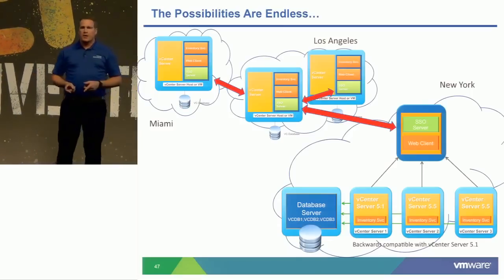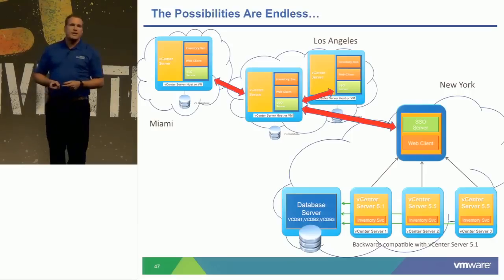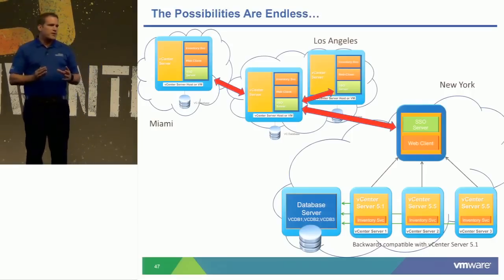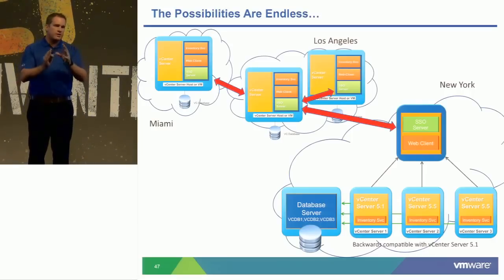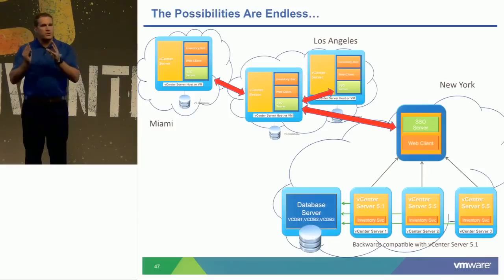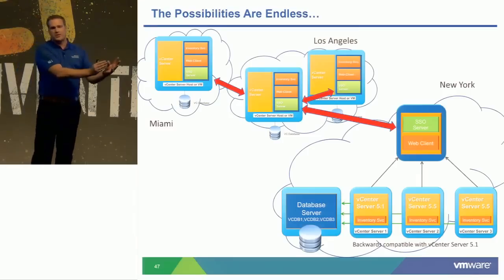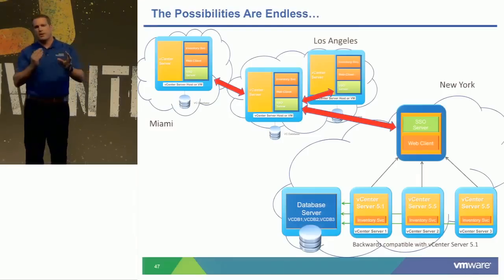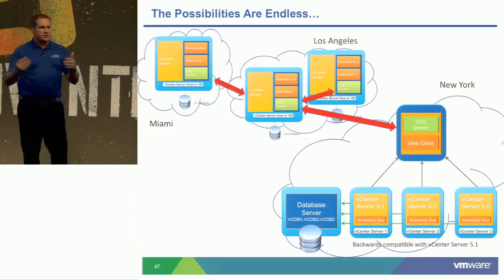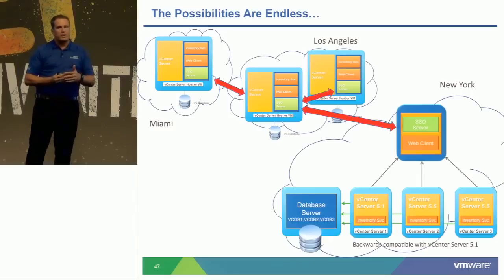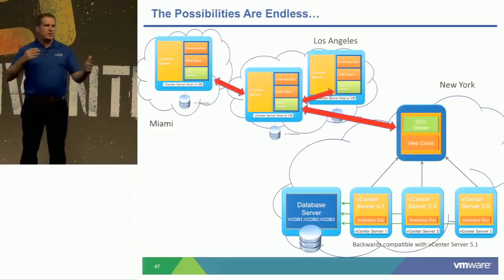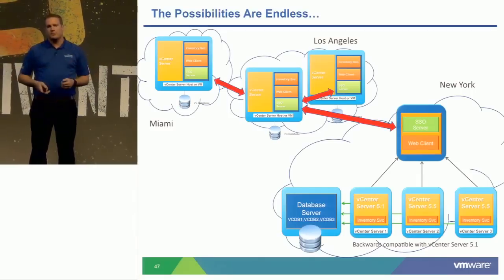We had the vCenter appliance in this model. The vCenter appliance is limited to the first and only SSO instance itself, or it can be attached to another SSO instance, but it cannot participate today in the replication. That is something that we are working on, but we don't have that functionality to have SSO on the appliance replicating, okay?